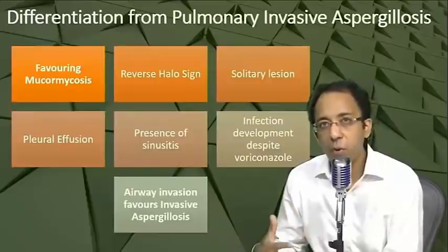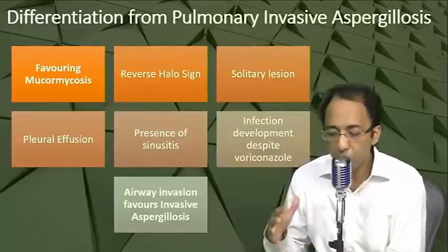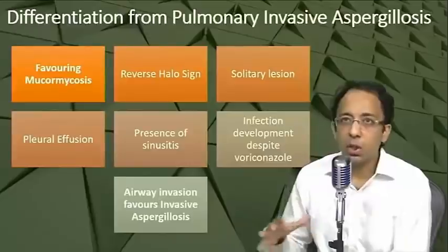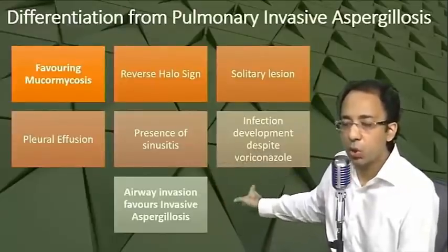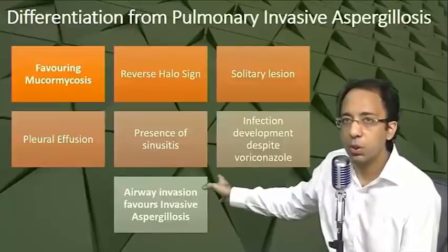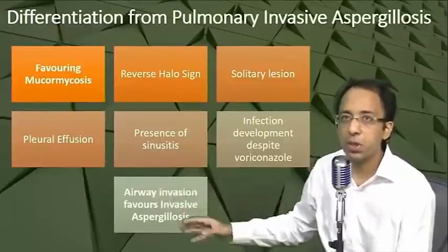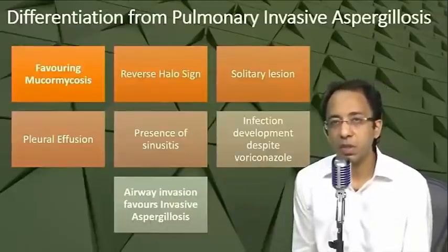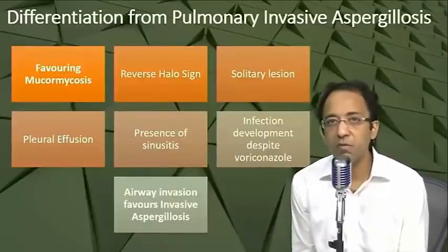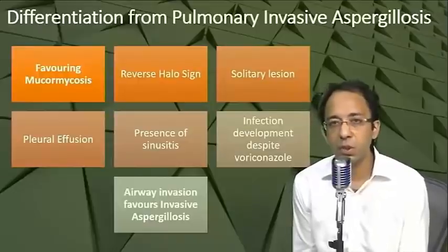Presence of pleural effusion, presence of sinusitis points towards mucormycosis. And if there is an infection developing despite voriconazole, again you think about mucormycosis more than invasive aspergillosis. Airway invasion favors invasive aspergillosis. If you see airway invasion, that favors invasive aspergillosis.